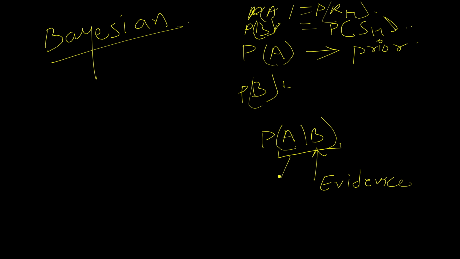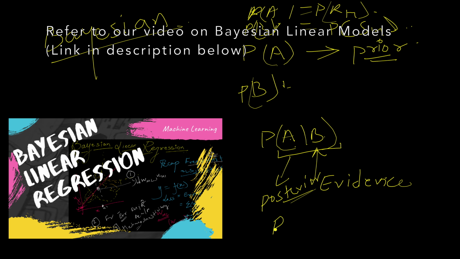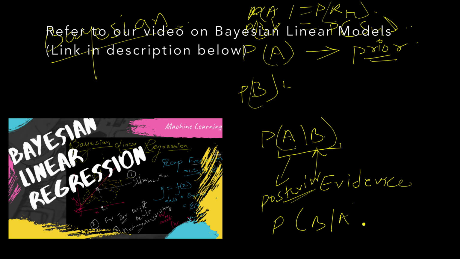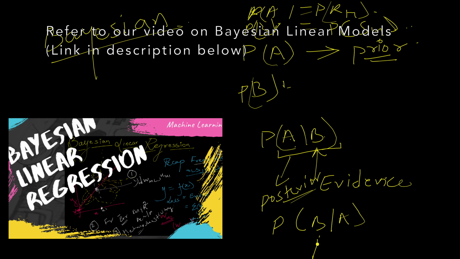This is called the posterior probability. If we are talking about A alone without any evidence, that is the prior. If we are talking about A in the presence of B, that is called the posterior, whereas B is the probability of the evidence or the evidence itself. If we do a reverse of this, this is known as the likelihood.